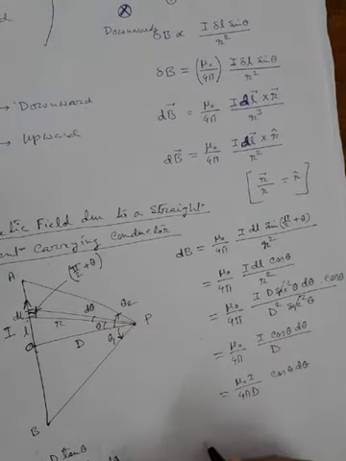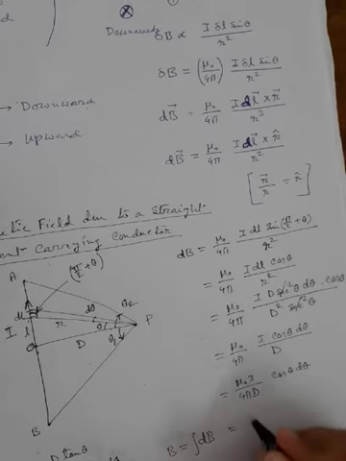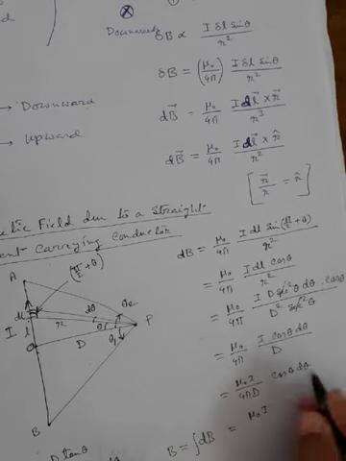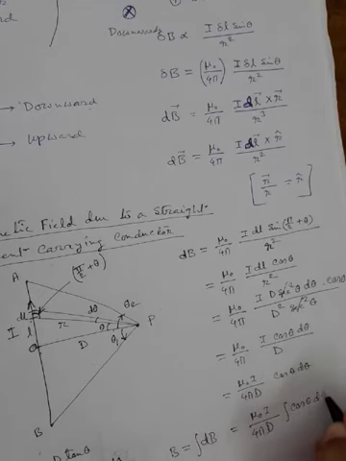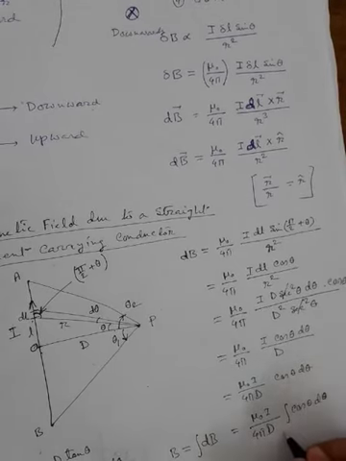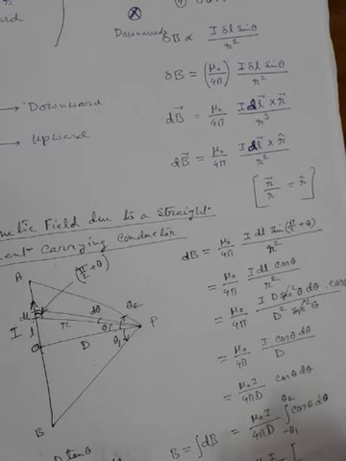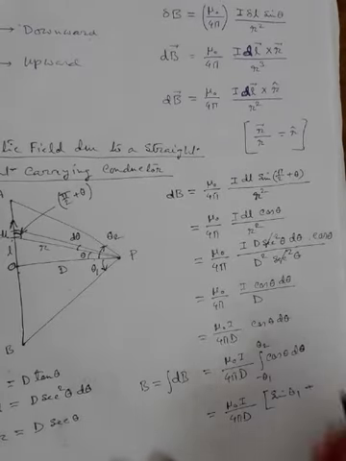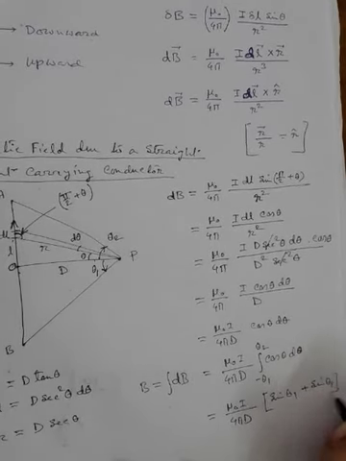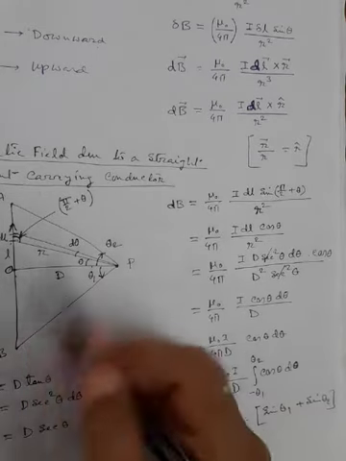So if we integrate this dB to find out the total magnetic field, we will integrate mu 0 I by 4 pi d integration cos theta d theta, and the integration limit will be minus theta 1 to theta 2, which is equal to mu 0 I by 4 pi d into sin theta 1 plus sin theta 2, and this is the actual expression for the magnetic field for a straight current carrying conductor.